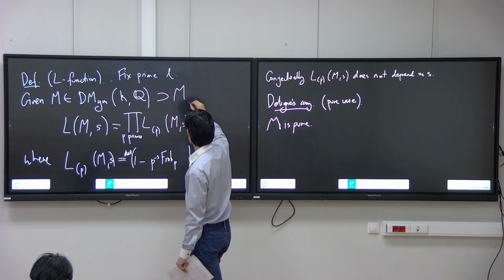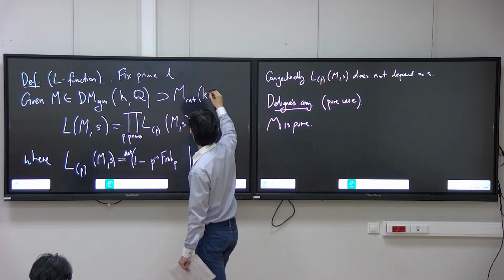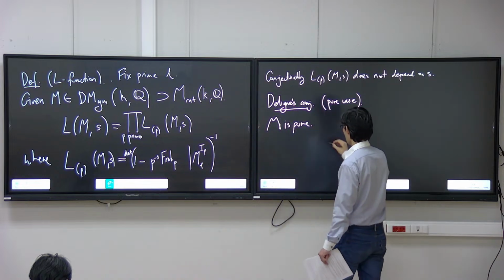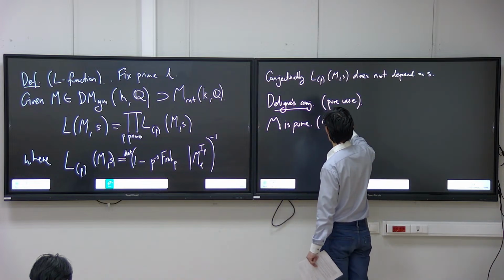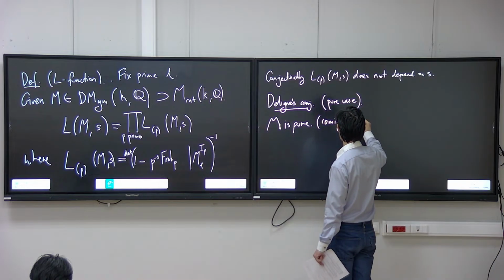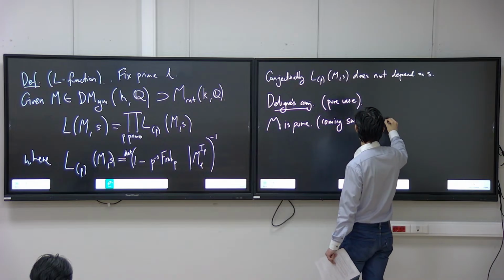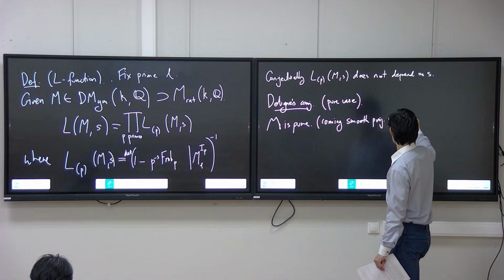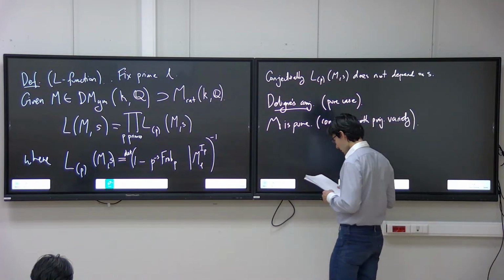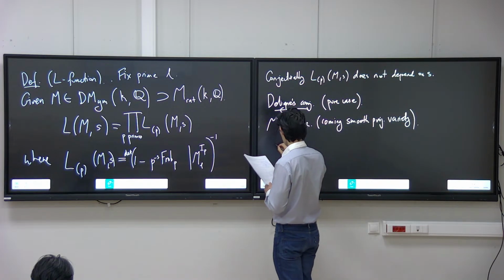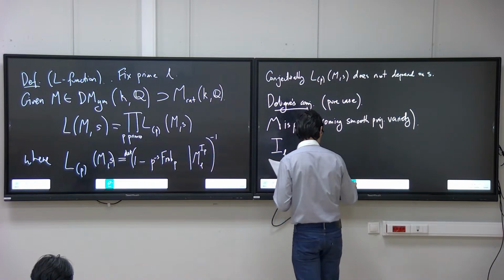So M, I guess I use the notation rational motives over K, Q, or coming essentially from some smooth projective variety. In this case, we have comparison isomorphisms. So I have the comparison isomorphism I_infinity.